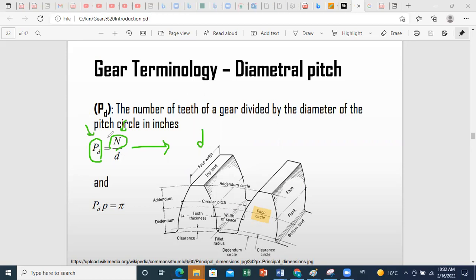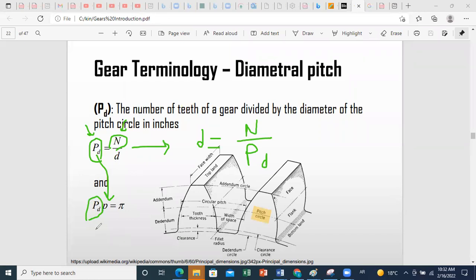So if you have these two parameters, you can write that D is equal to N over PD. Sometimes they give you P, the circular pitch, instead of PD, and then you can deduce the diametral pitch from the circular pitch. Depending on your inputs, you get the output you want. It's enough to give you two parameters to get the others.